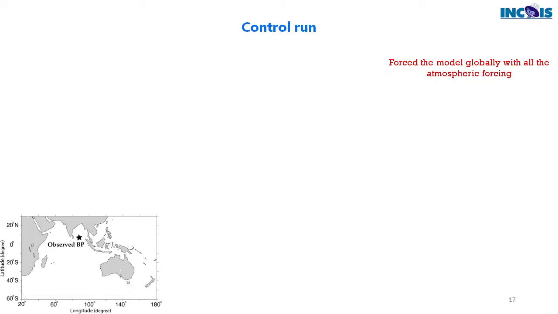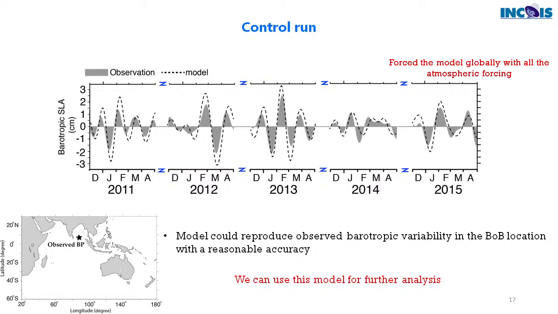For that, we force the model globally with all the atmospheric fluxes. The dotted line is the time series of the barotropic sea level extracted from the Bay of Bengal location, the gray shaded one. The results were convincing.